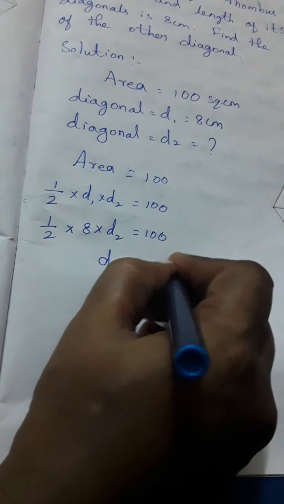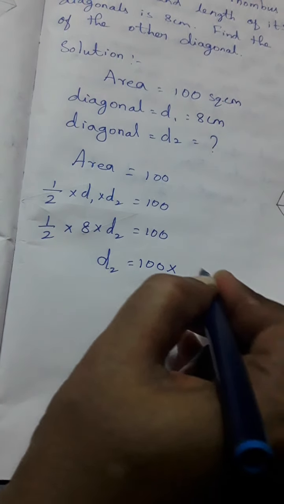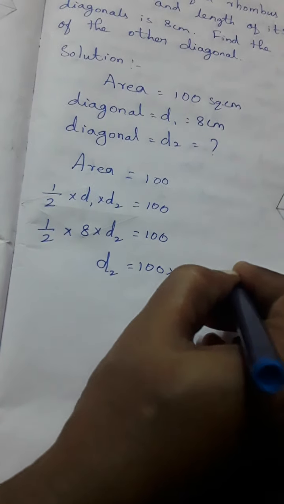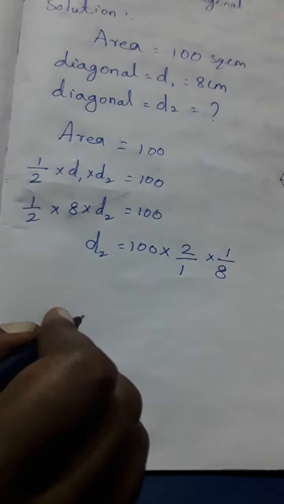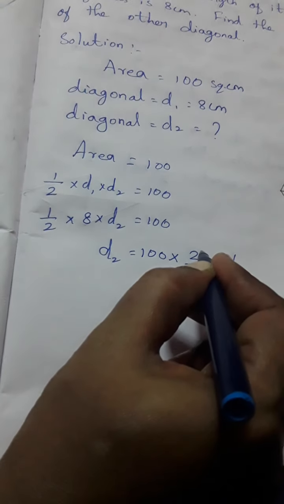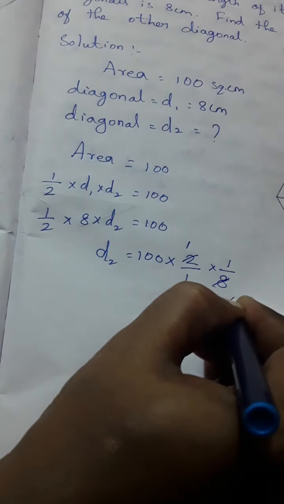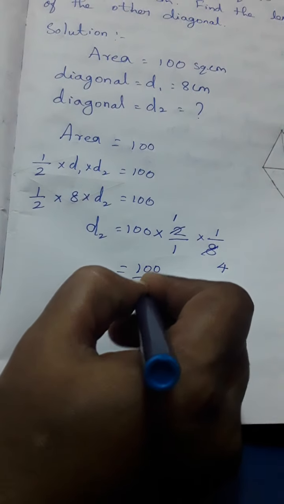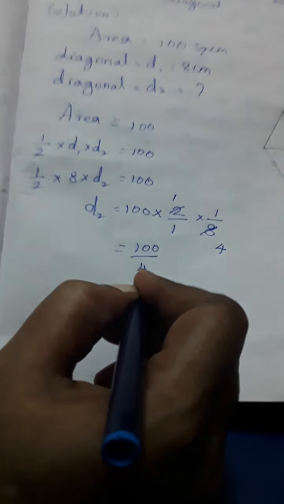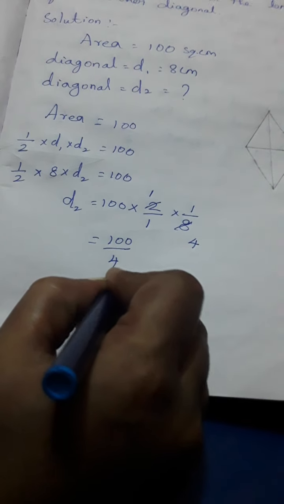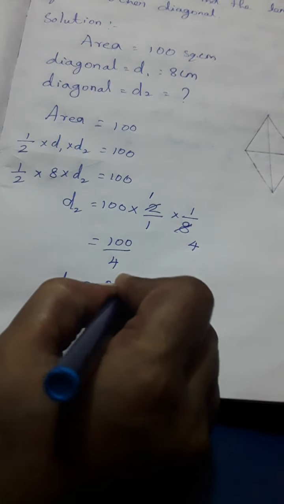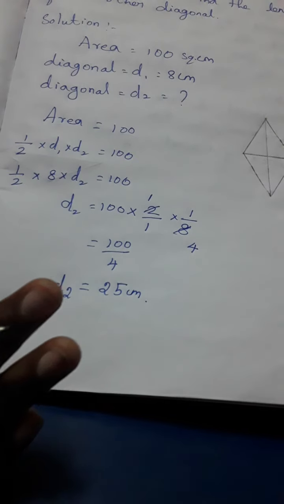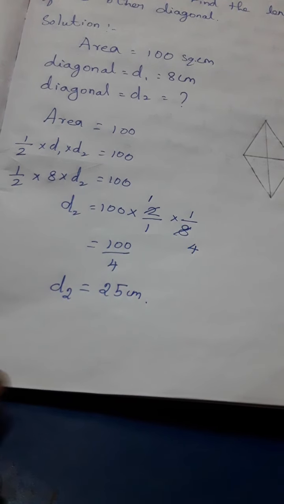So 100 and the half come to this side: 2 by 1, and 8 comes as 1 by 8. First cancel by 2: 1 2 is 2, 4 2s are 8. Remaining is 100 by 4. The 4 table, 100 how many times? 25. So D2 is equal to 25 centimeter. If you feel it is difficult, you can do a normal division and find the answer.